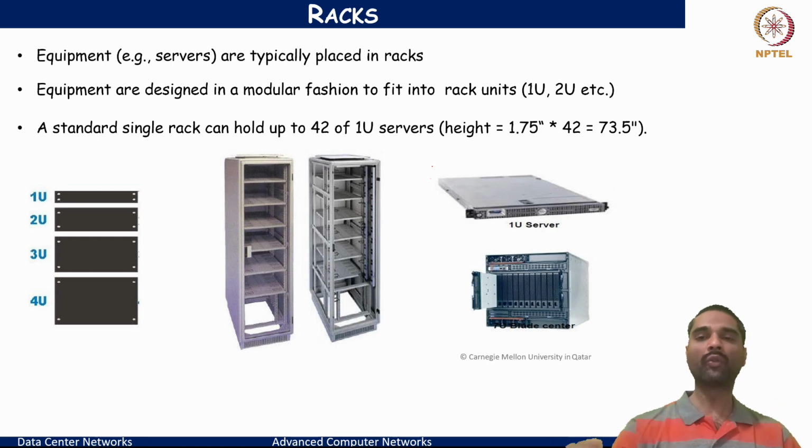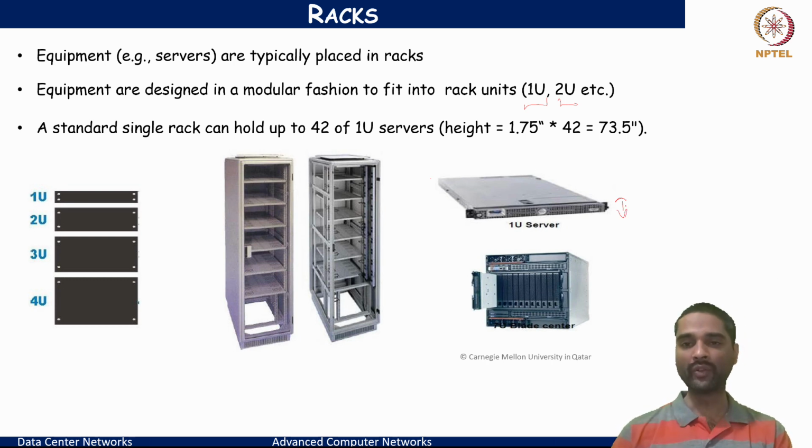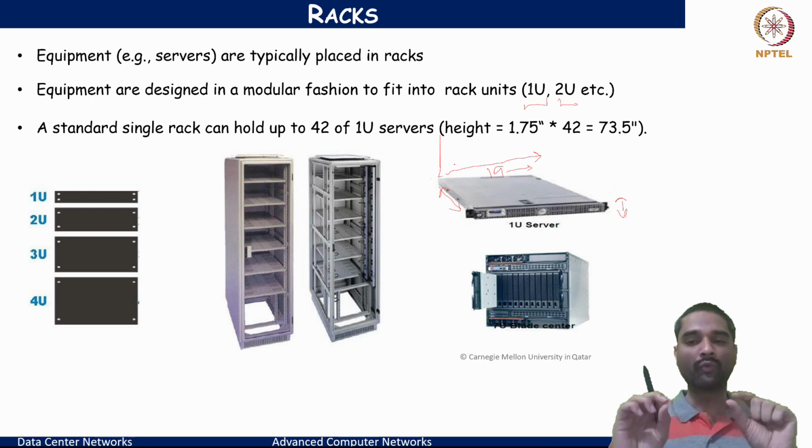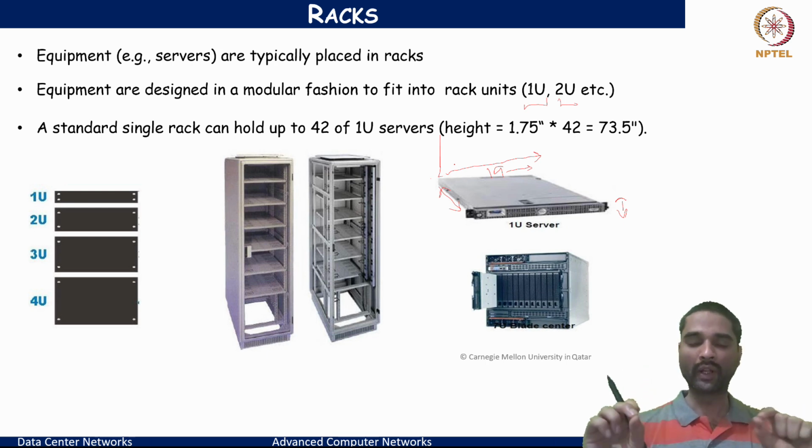And the standards typically use a 1U or a 2U, one rack unit or two rack units, wherein each unit corresponds to 1.75 inch of height. And this dimension of 1.75 inch, followed by around 19 inches on the sides, allows us to define what we call a one rack unit that can be hosted in a rack.